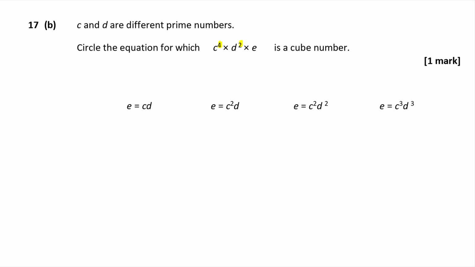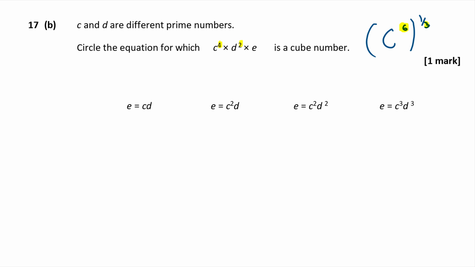Remember when you cube root something, let's say I had c to the power of 6 and I cube root it, I'm timesing it by the fraction of 1/3. So as long as this number here is a multiple of 3, then I can cube root it easily enough, can't I? Because I can divide 6 by 3 and get 2. So that means that these numbers here, after I multiply it through by e, need to be multiples of 3.